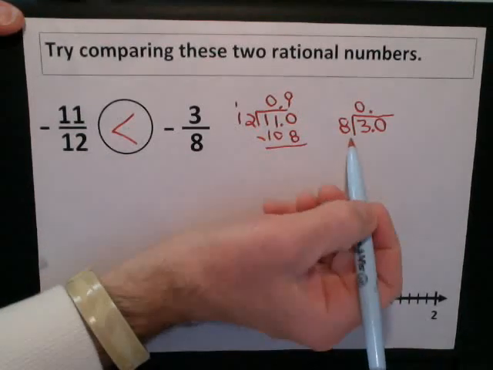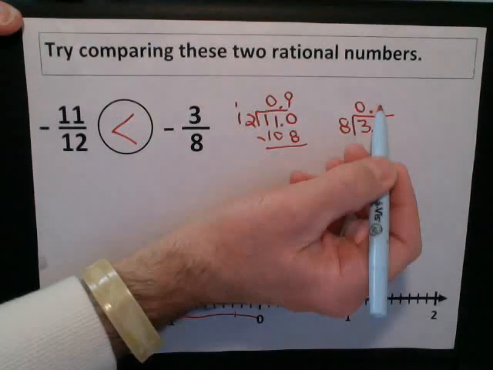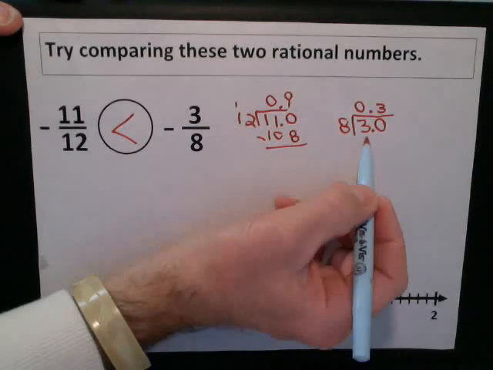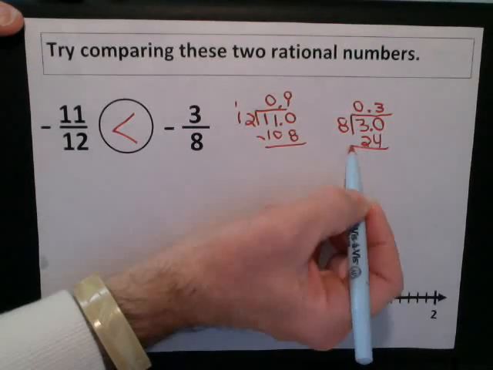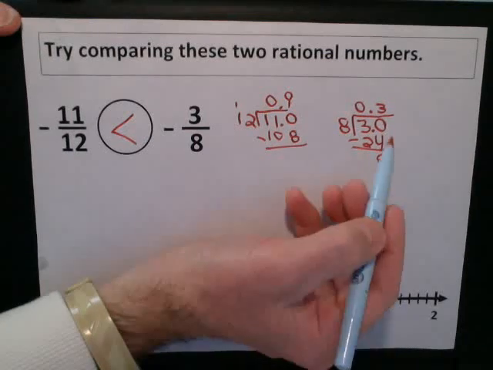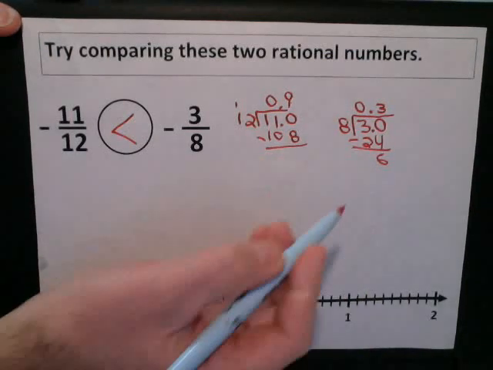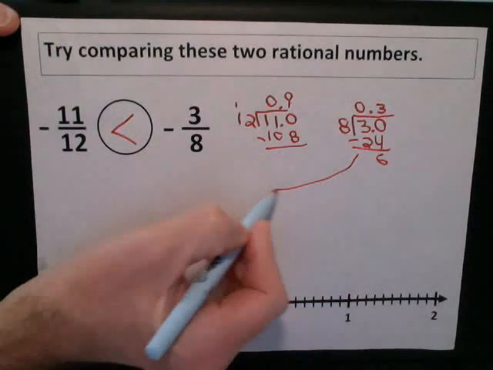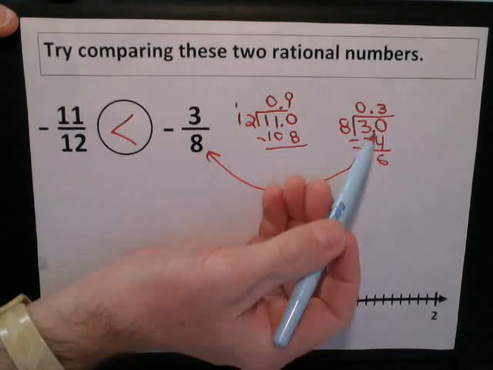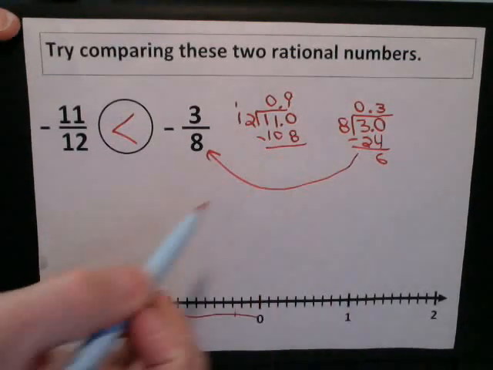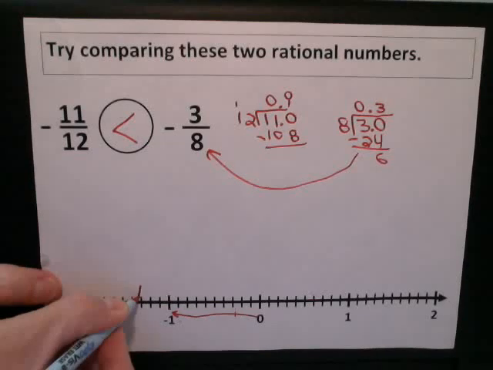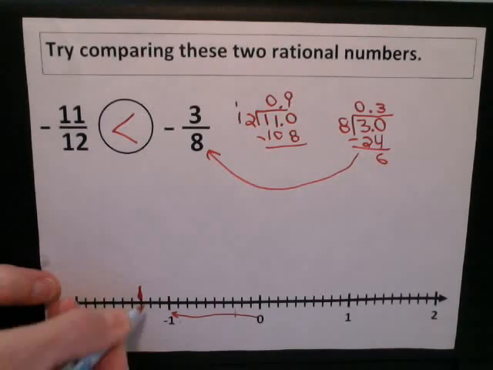Alright? So 8 will go into 30 a total of 3 times. 3 times 8 is 24, and you can see that that works. So now we can see that negative 3/8 is about negative 3/10, which would be right here on that point.